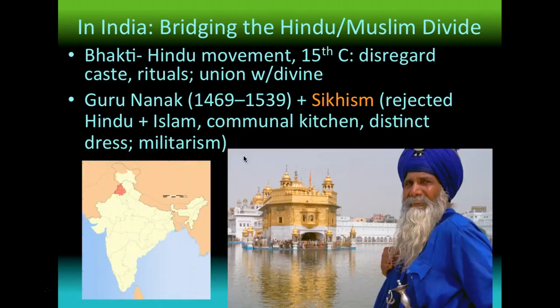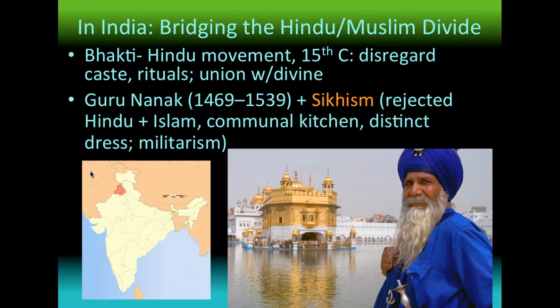Here are a couple images. The first one is the map, and this red territory is the Punjab, which is where the Sikh culture today centers. And this is the biggest Sikh temple in India. And this man, you can see he has a turban, the long beard, because you're not allowed to cut your hair, and the sword.